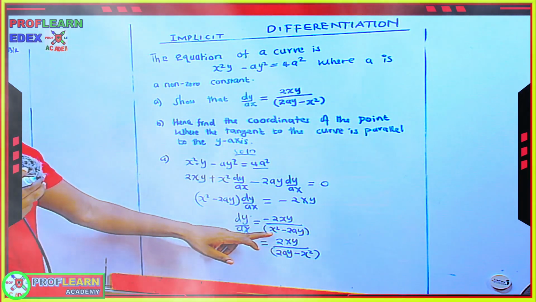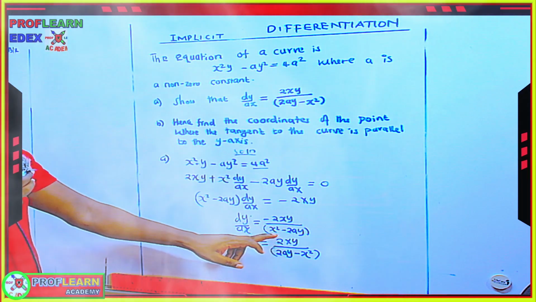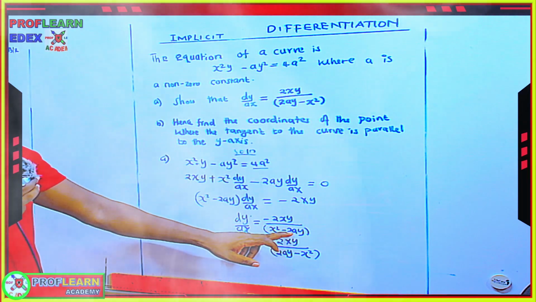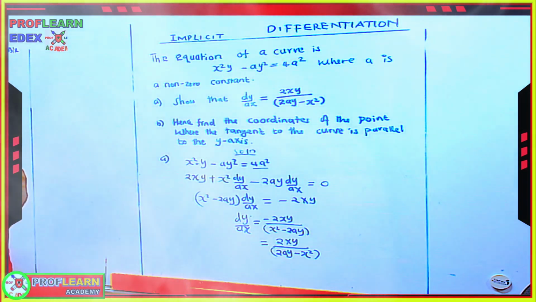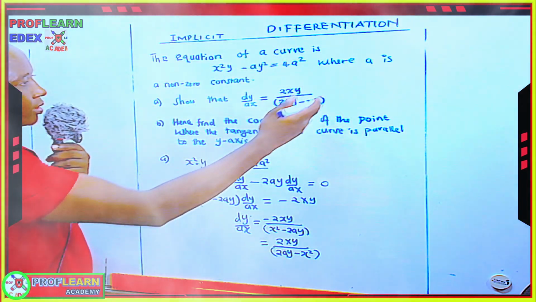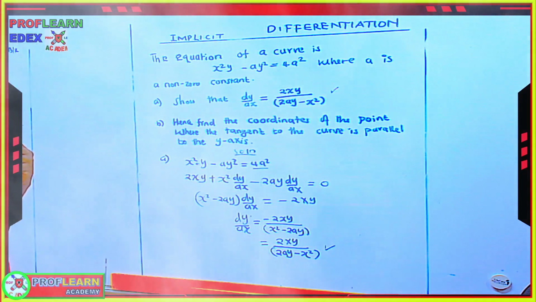Because of this sign, I can rearrange it, taking it down and starting by writing 2ay. So you can see now we have arrived at the required equation.